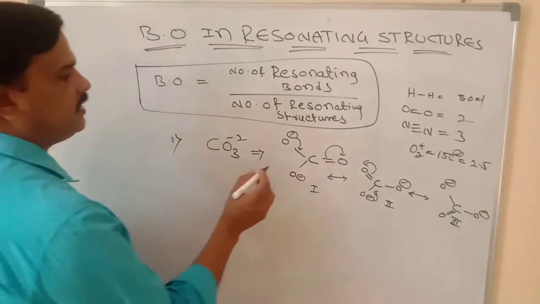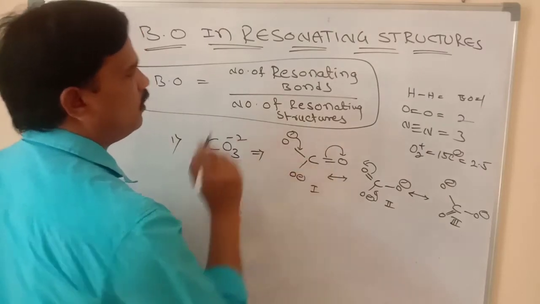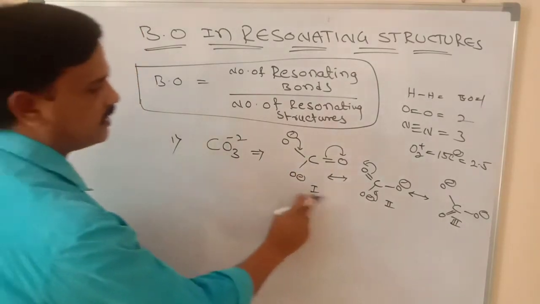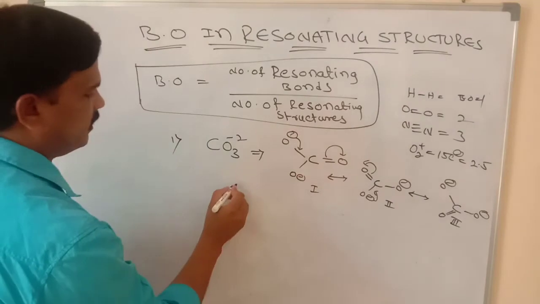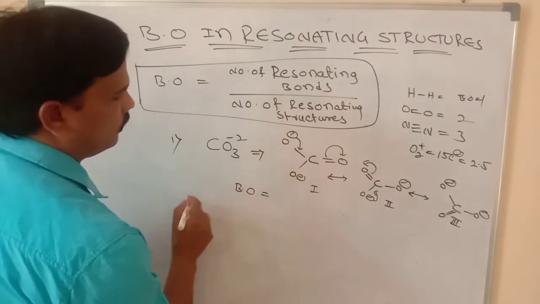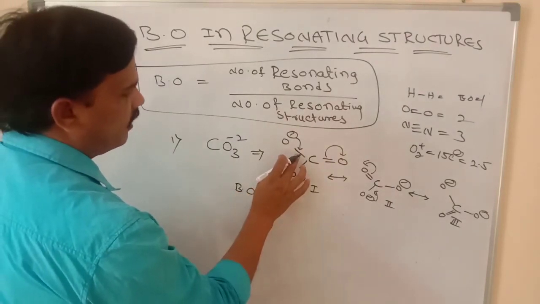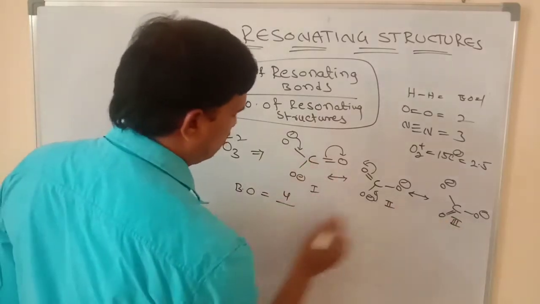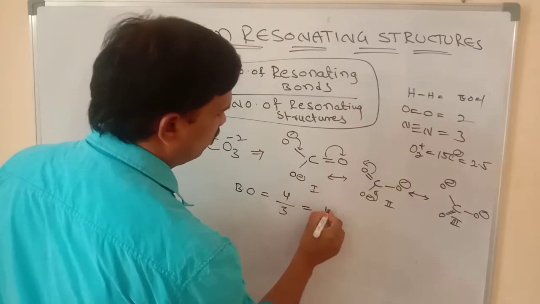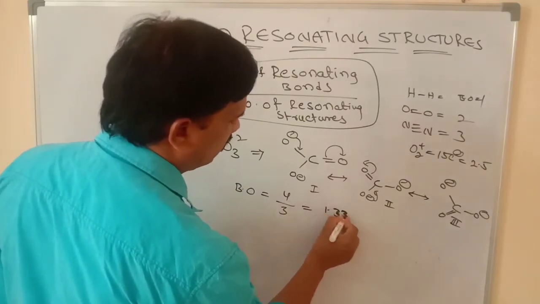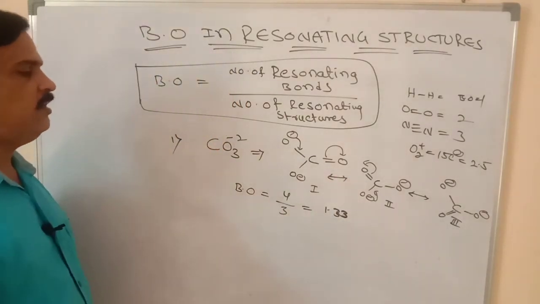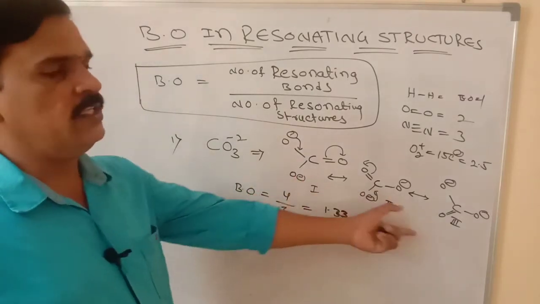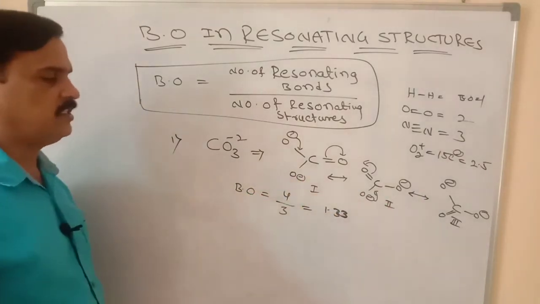How many bonds are in resonance nature? 1, 2, 3, 4 resonating bonds. How many structures are there? 3 resonance structures. Now bond order is equal to the number of resonating bonds, 4, divided by the number of resonating structures, 3. So the bond order is 1.33.